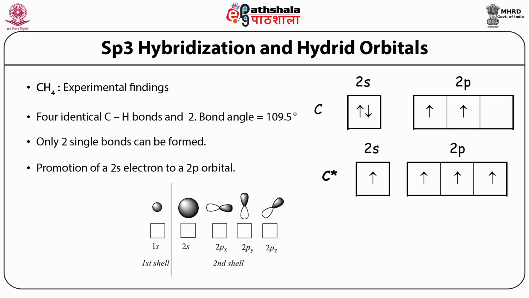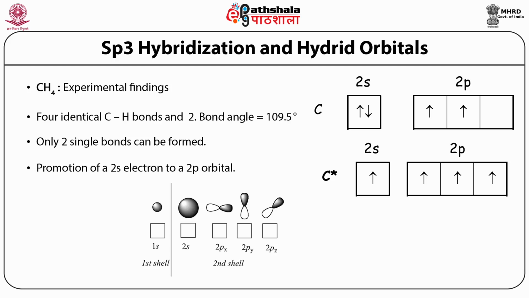To form a stable molecule with hydrogen atoms, carbon can also bond to 4 hydrogen atoms by an excitation of an electron from the doubly occupied 2s orbital to the empty 2p orbital, resulting in 4 singly occupied orbitals. And this is shown by the electronic configuration of C star, which is nothing but the excited state of carbon.